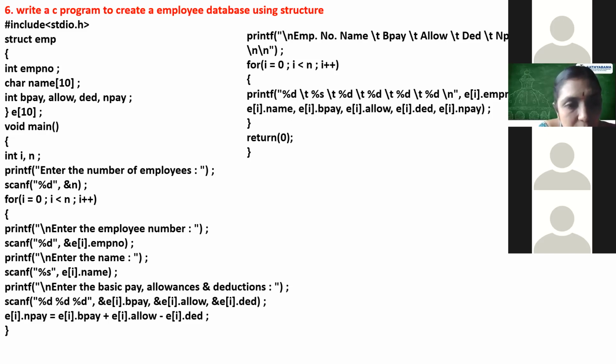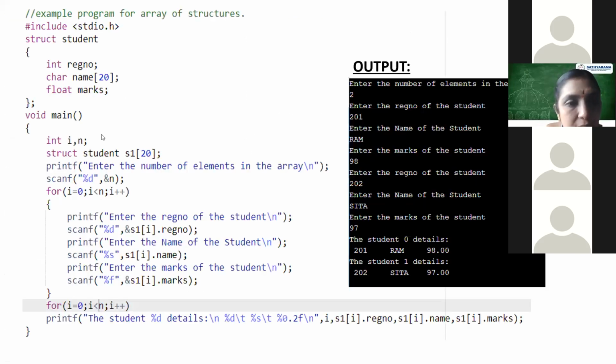That is the reason we have not called any structure variable inside the main program here. See, in the previous case you have seen, we called struct student S1 of 20, right? This means you are not defining the variable immediately after defining the structure; you are defining it separately. Here you see it ends with the semicolon.